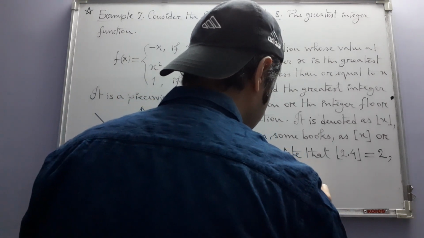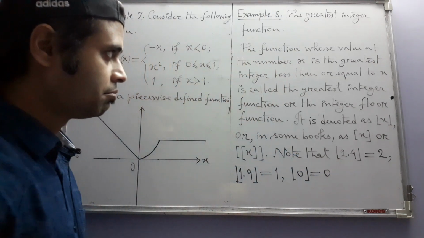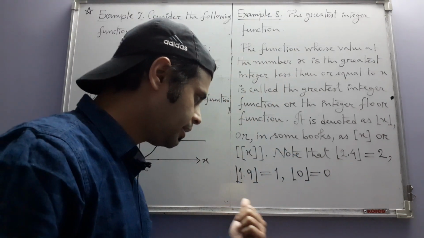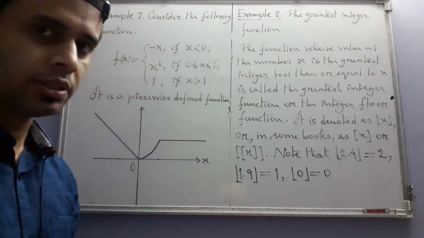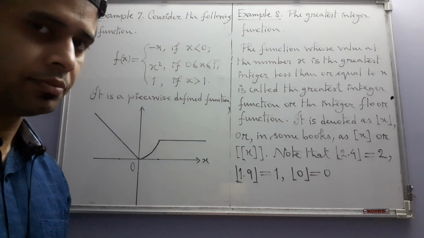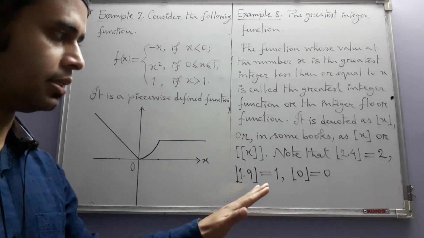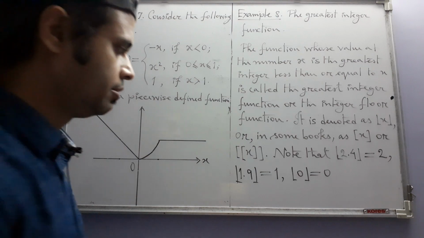The greatest integer value of 0 is 0 itself, because the integers less than or equal to 0 are all the negative integers and 0, because 0 now is included, and among them the greatest is 0. So this is 0.